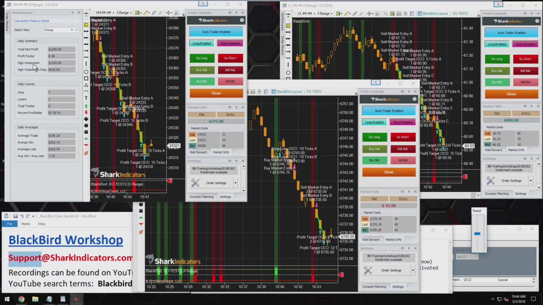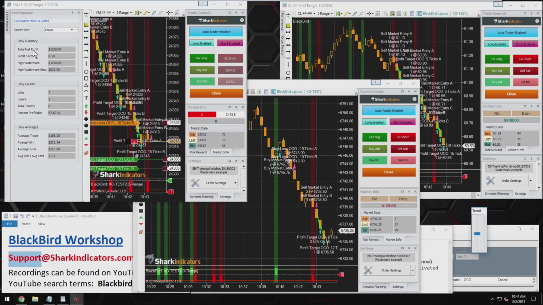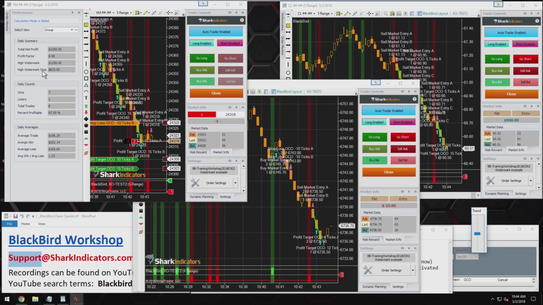So just a quick explanation, the high watermark tracks your maximum net profit for the day. All right, so at the day, the maximum net profit is what the high watermark remembers. And so then the watermark stop will be 50% of the watermark.